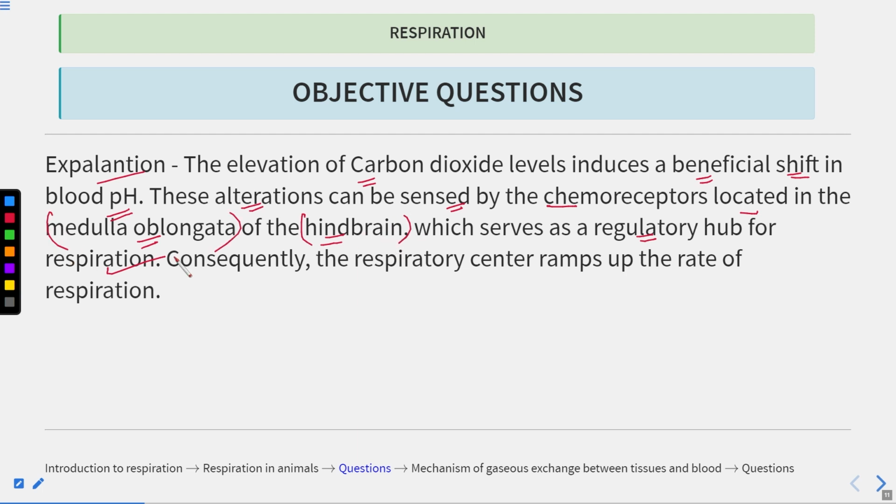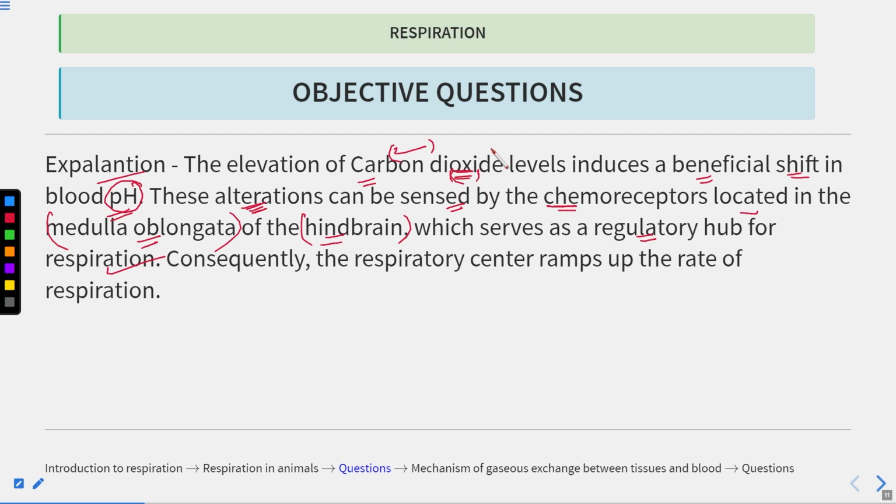So some chemoreceptors are present, and they sense the alterations in the pH, and this pH is changed because of the elevation or change in the carbon dioxide level. pH depends on the carbon dioxide level also.